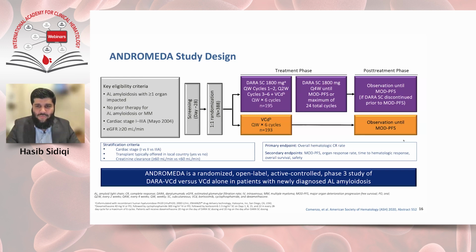Patients on the daratumumab arm then continued to receive daratumumab for a total of 24 cycles. Primary endpoint was overall hematologic CR rate. Important secondary endpoints included modified PFS, which we will discuss, the organ response rate, time to hematologic response, overall survival, and safety.